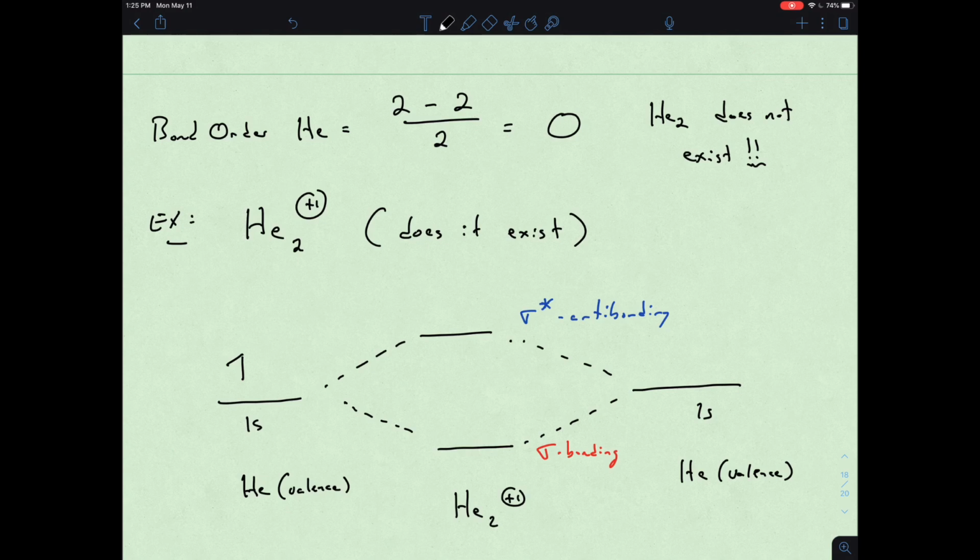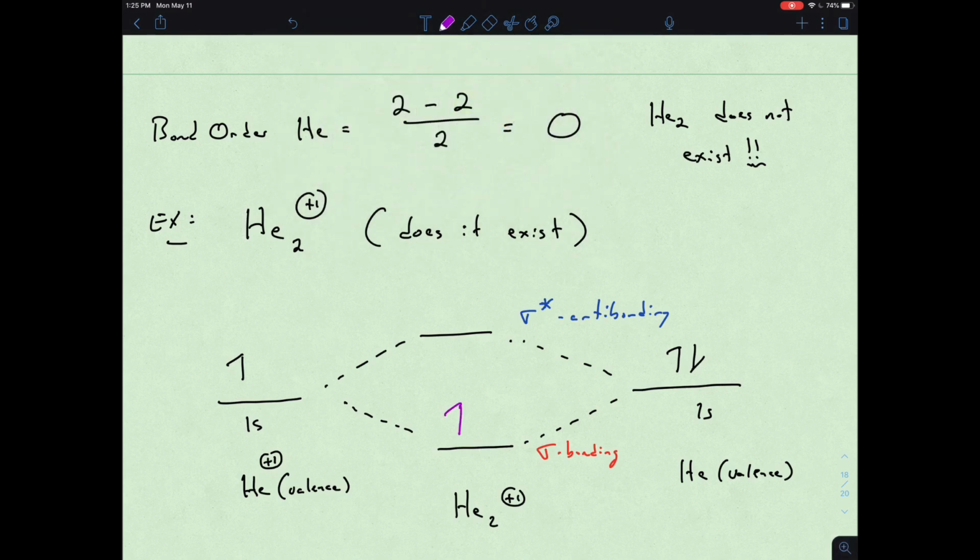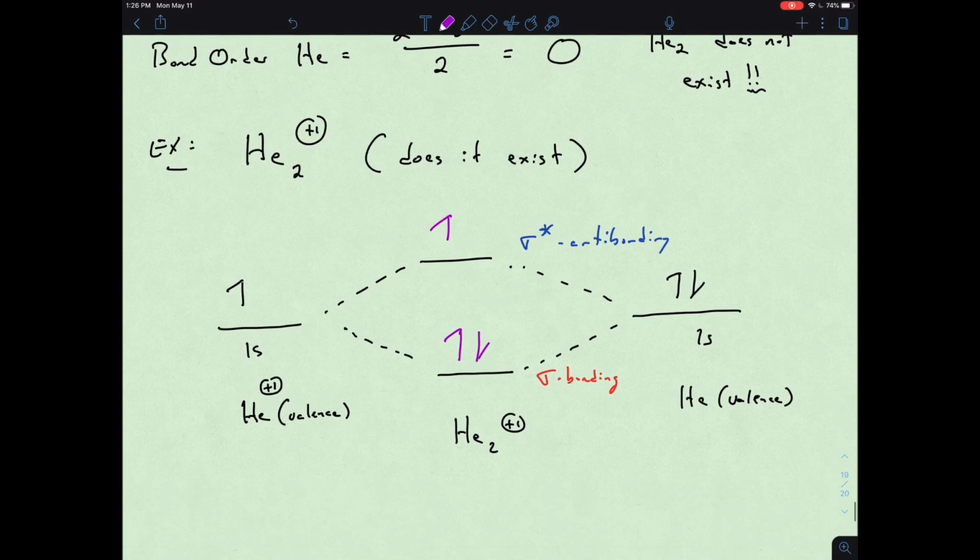One of these heliums would have one electron because we have this plus 1 charge to take care of, so we don't have the normal 2 electrons on each side. I'm just going to pick one of the heliums to have lost one of its electrons, while the other helium possesses its 2. When we put these electrons into the middle, we find that now I have more in the bonding than in the antibonding. So unlike helium-2, this molecule should exist.